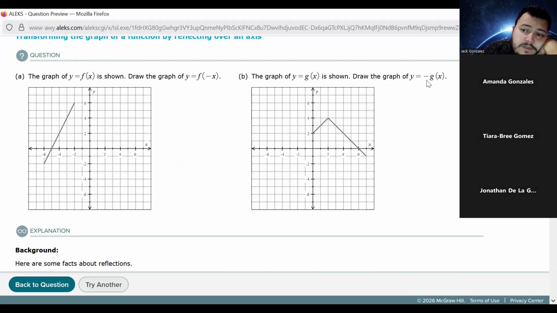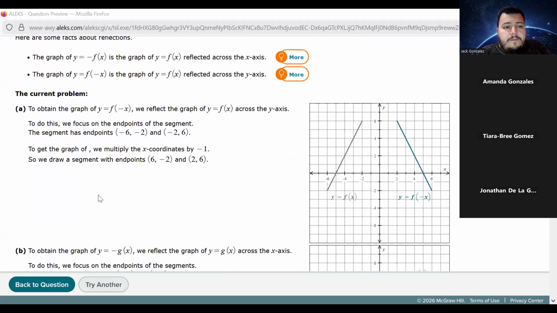If the negative is in front on the outside, then that's a reflection on the x-axis. So this makes it flip up and down. This makes it flipped right and left. Okay.